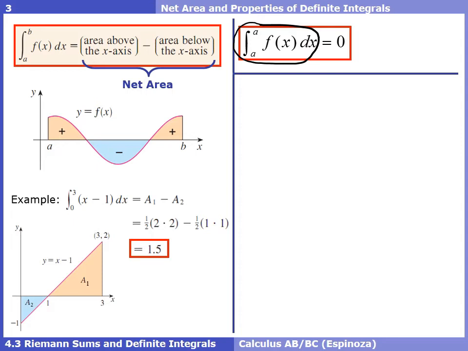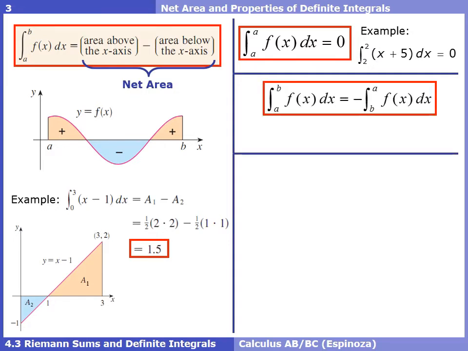We've defined no region. So of course, the area would be 0. As a quick example, it doesn't matter what function we have written here. If your upper and lower bounds are the same, your integral will always be equal to 0 because the area is equal to 0.